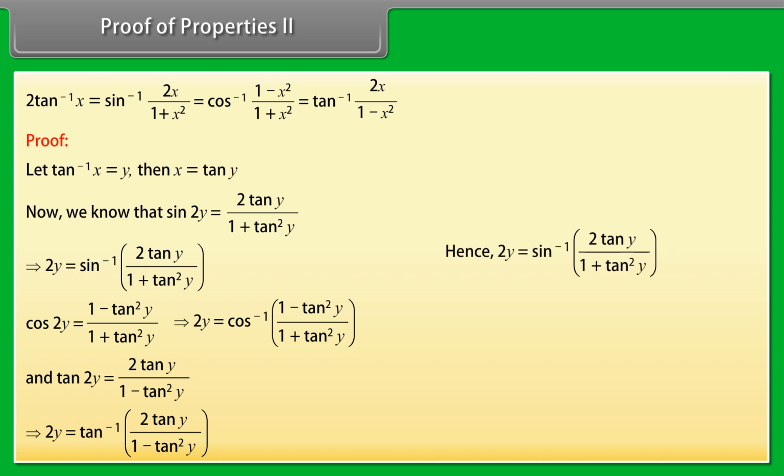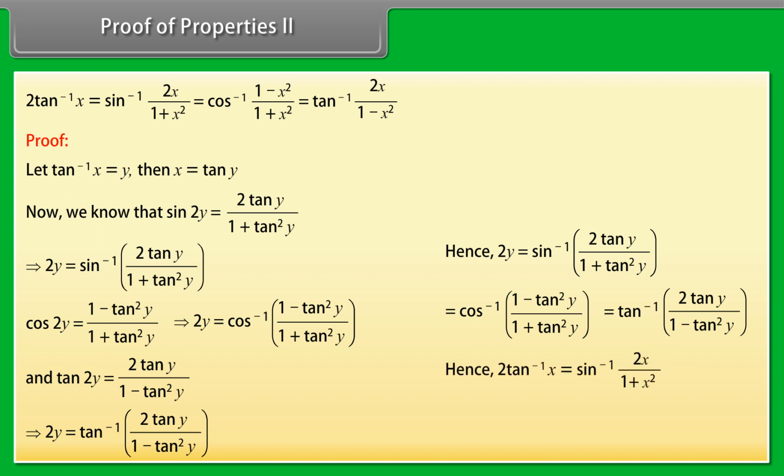Hence, 2y equals all three expressions. Hence, 2 tan inverse x is equal to sine inverse of 2x by (1 plus x square), which is equal to cos inverse of (1 minus x square) by (1 plus x square), which is equal to tan inverse of 2x by (1 minus x square).